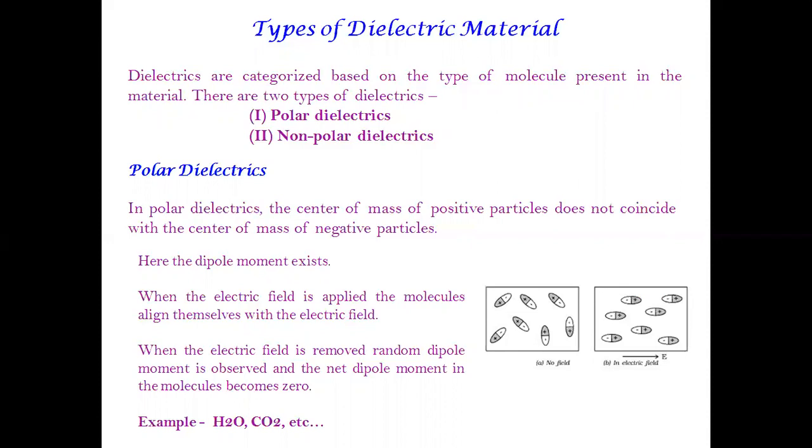When we apply an electric field, they become polarized, that means they align themselves with the electric field, as shown in this figure. Examples of polar dielectrics are water, carbon dioxide, etc.